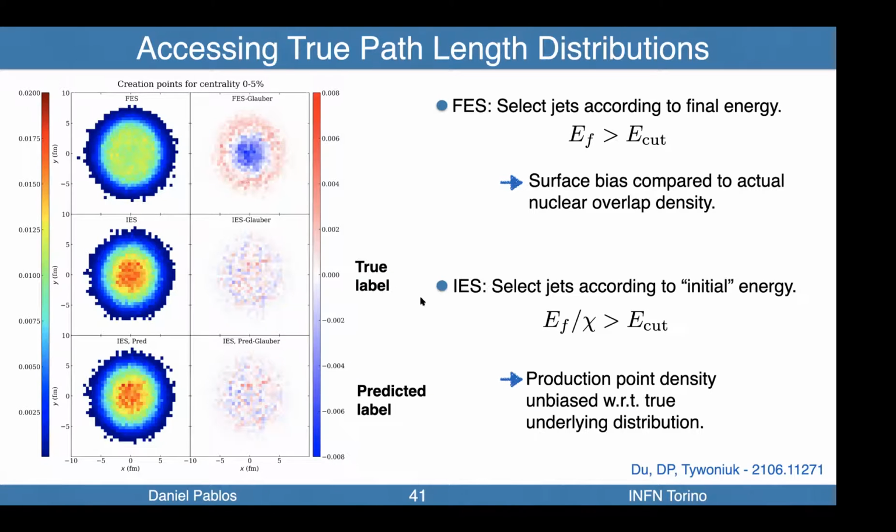If you do initial energy selection, you're actually measuring all the jets, not only those that lost the least energy, and therefore the creation point distribution coincides precisely with the underlying one, meaning there's no bias in the lengths explored by your jets. There's no bias on the surface.